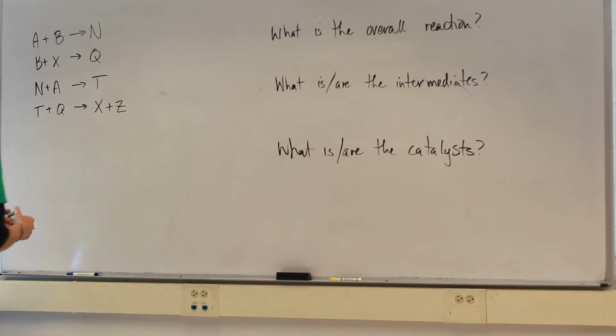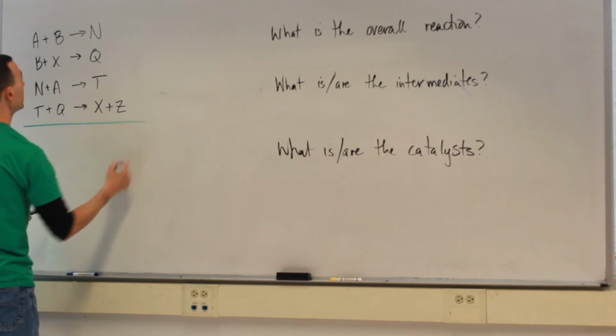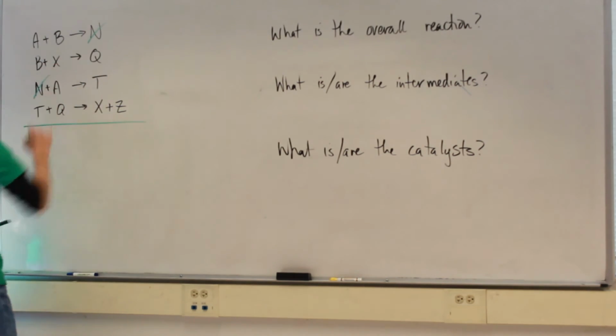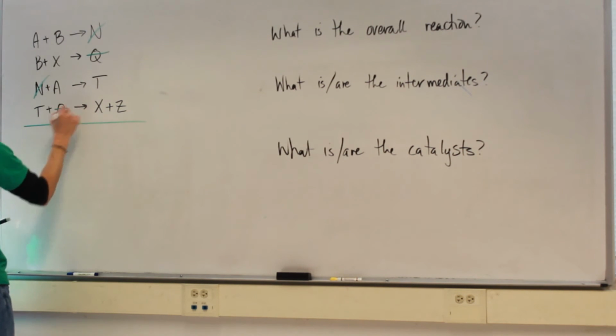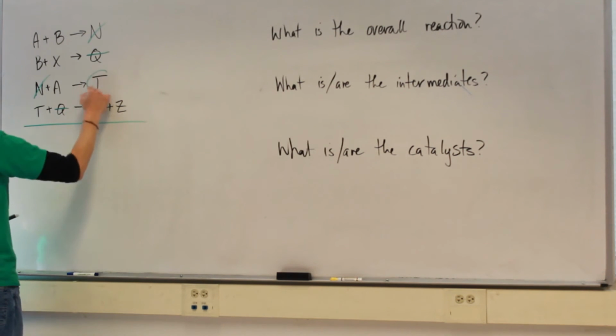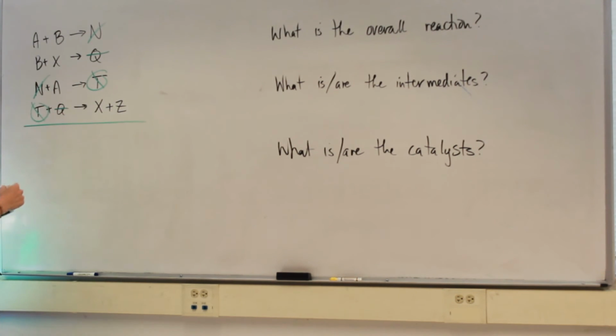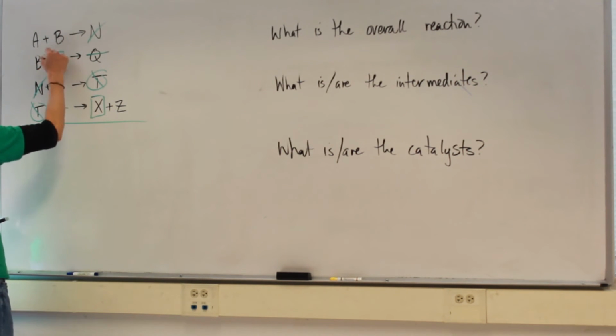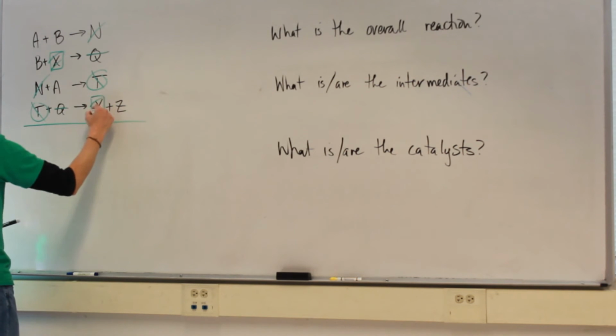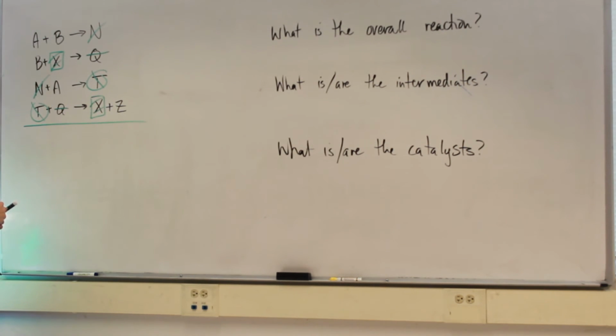Now, so add things up. I see N would cancel with N. Q would cancel with Q. T would cancel with T. And X would cancel with X. All those things will cancel out.